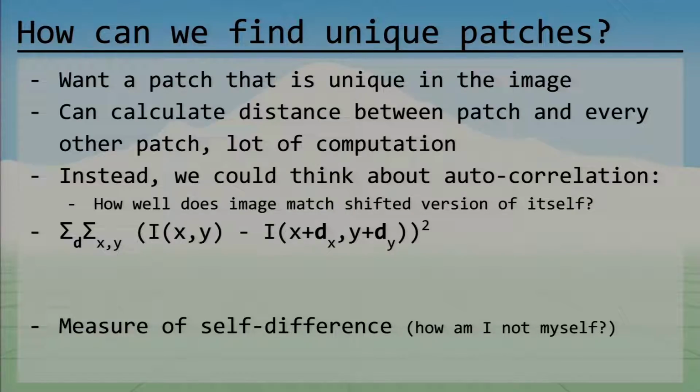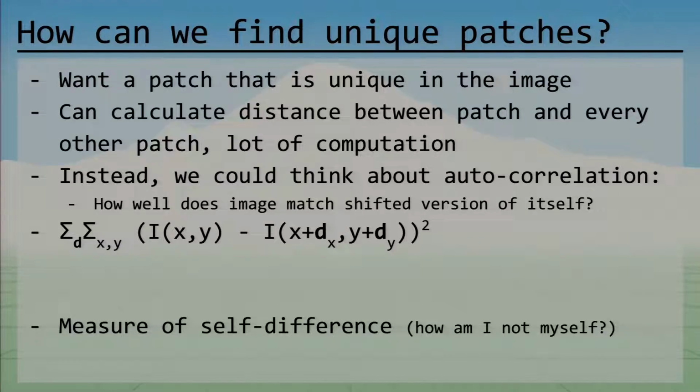In particular, this is a measure of self-difference, or a measure of if you take this image patch and you move it around a little bit, do you quickly get large changes in this distance function that we just talked about for image patches, or is the patch always pretty close to itself? And this will maybe be some approximation of how unique this patch is globally.